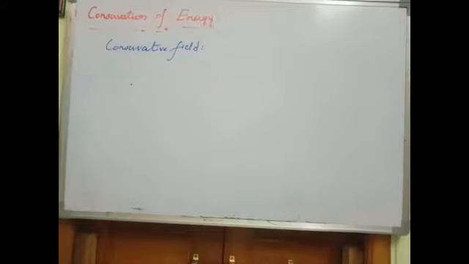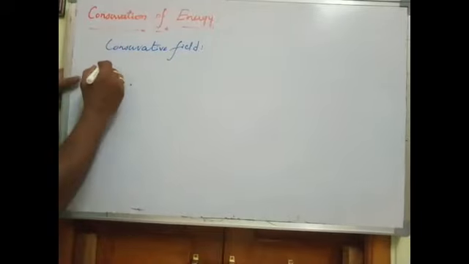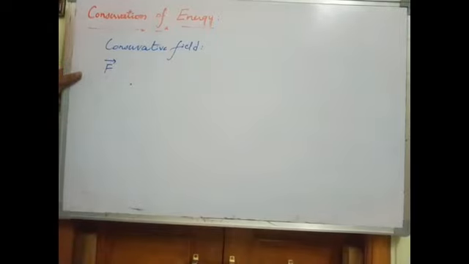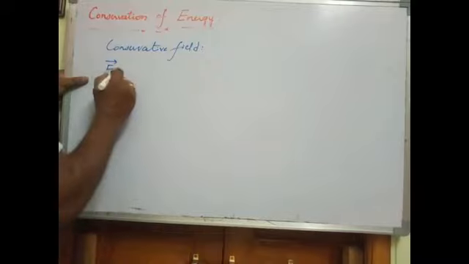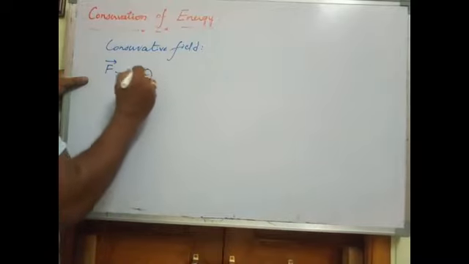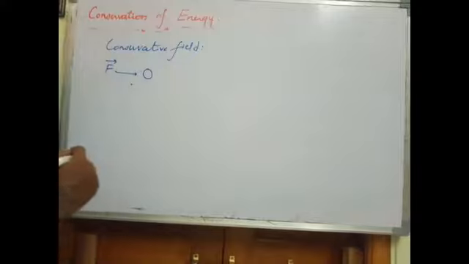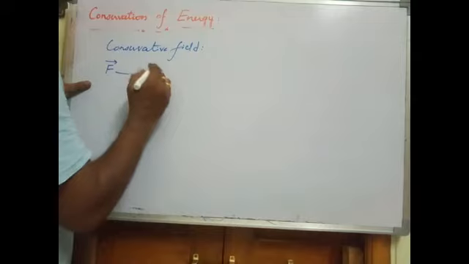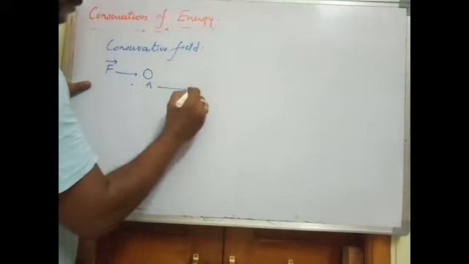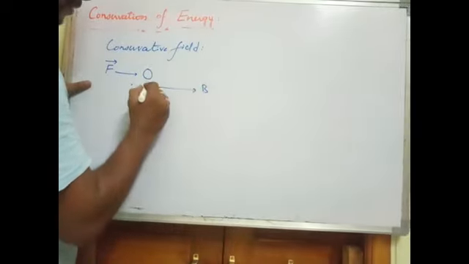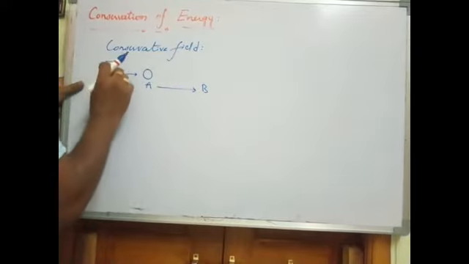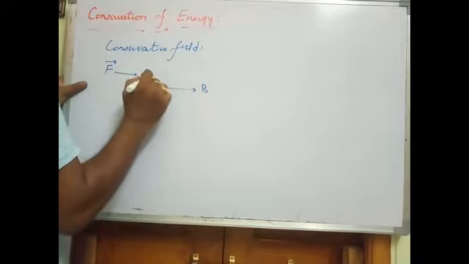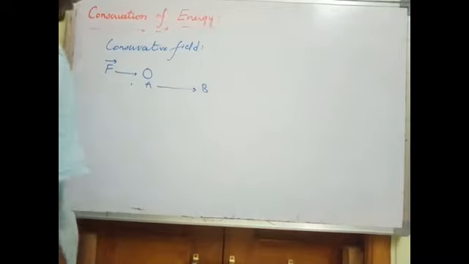Now let us see, if F bar is the force acting on a particle, that force displaces the particle from A to B. Now what I am doing? I am applying some force on the particle. Now this particle is moved from A to B.